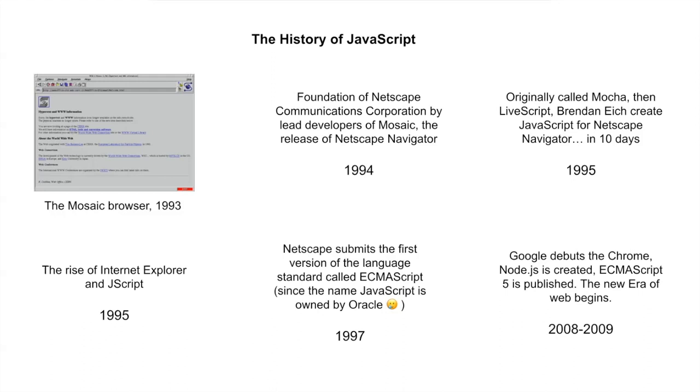And of course at the time, in the beginning of the 90s, 1993, 94, the web, the internet, was very static. There were some images, some hyperlinks, maybe some styling, but there were not really any dynamic things going on in the web pages.